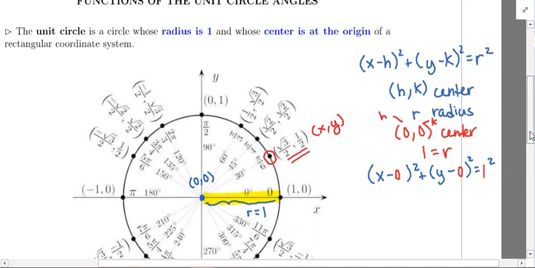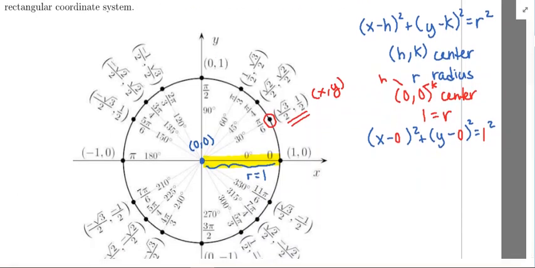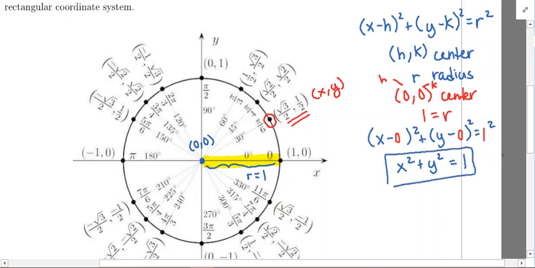If you simplify all that, we get x² + y² = 1. So that's where the equation of the unit circle comes from. You might want to keep this in the back of your mind: the equation of the unit circle is x² + y² = 1.